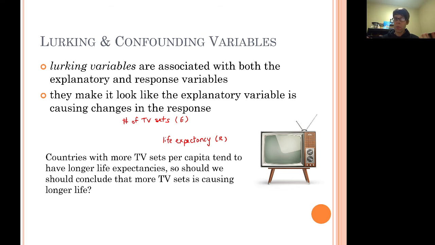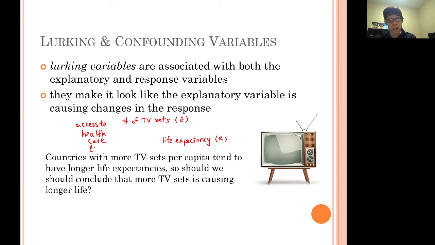Now, it's quite possible that the countries that have higher life expectancy and a higher number of TV sets just have adequate access to good health care. So potentially it could be that access to health care is causing higher life expectancy and is also somehow connected to the number of TV sets individuals have in that particular country.